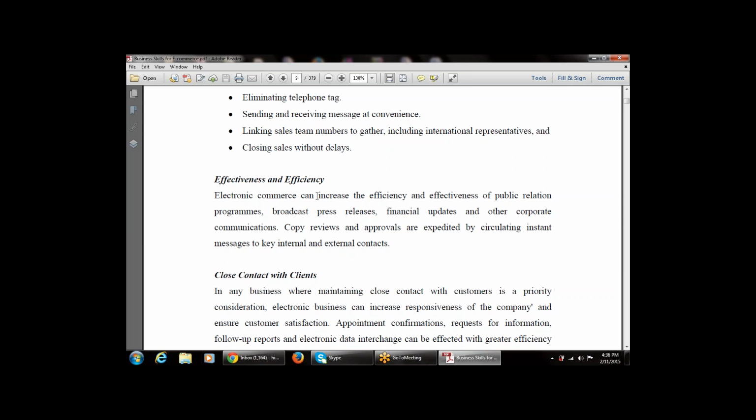Then the next feature is close contact with clients. In any business where maintaining close contact with the customer is a priority consideration, or where direct communication among various fields is a priority, e-commerce also provides it.